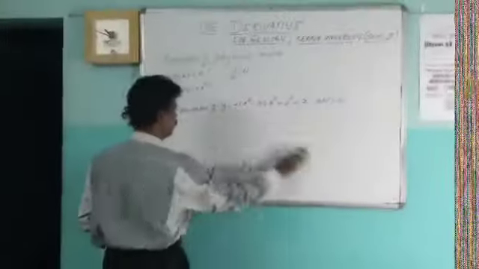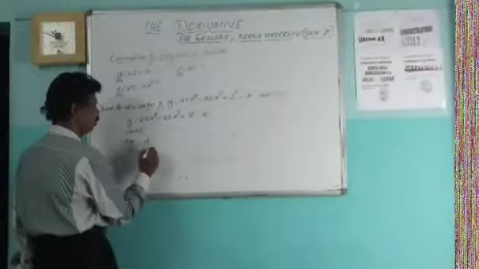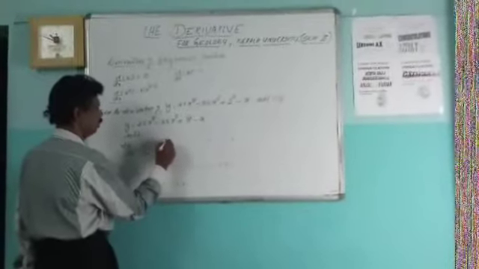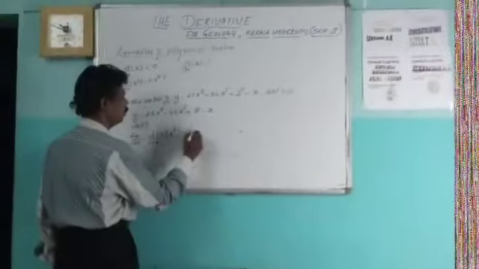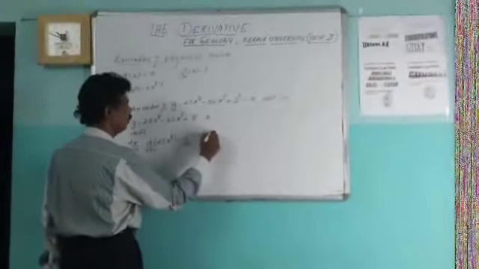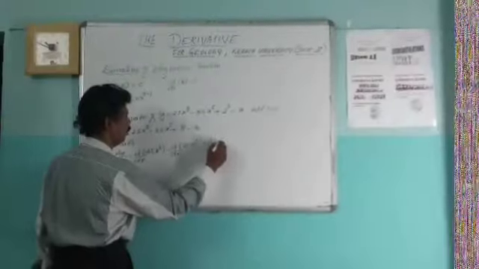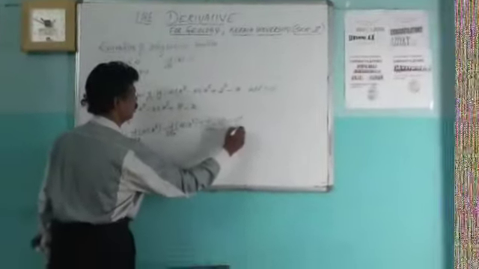Here y equals 25x⁸ − 34x⁵ + 8 − x. Differentiate the function with respect to x. Then dy by dx equals d by dx of 25x⁸ minus d by dx of 34x⁵ plus d by dx of 8 minus d by dx of x.